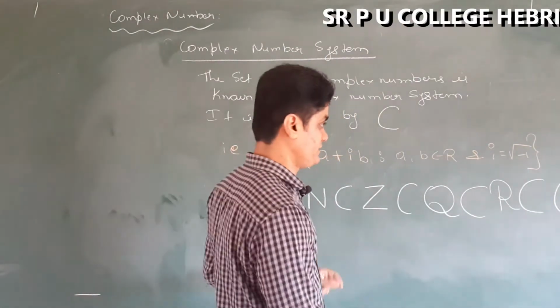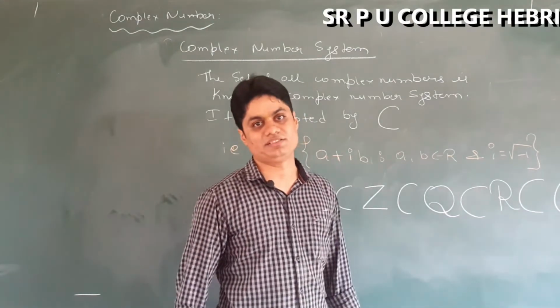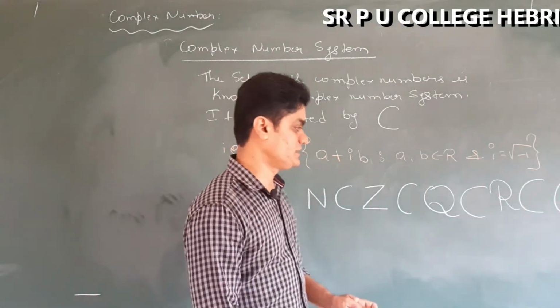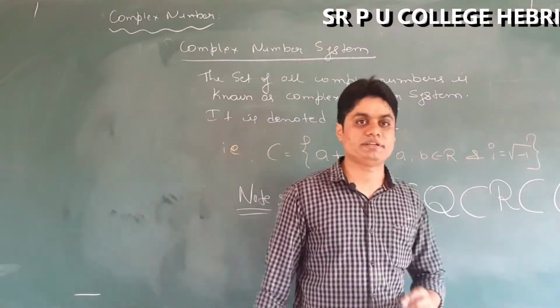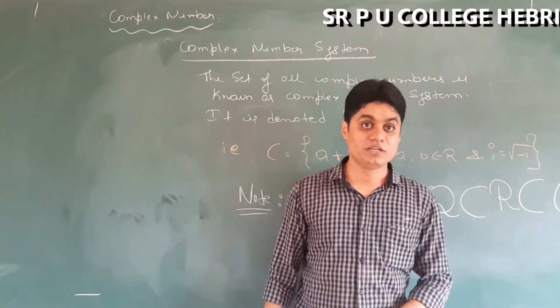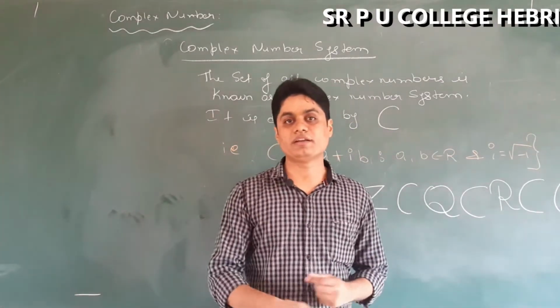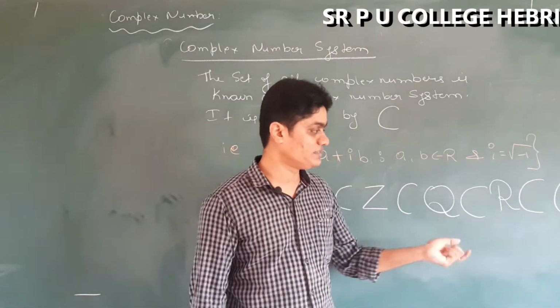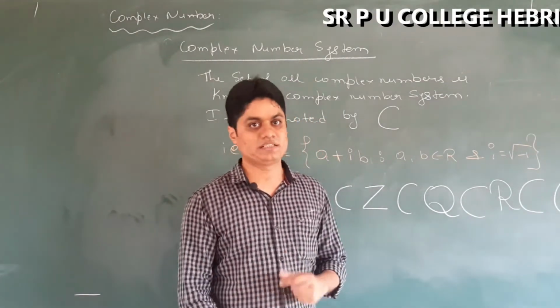So after this, which is the biggest known set for you now? The complex number system. Before the complex number system, the biggest known set was the real number system. Up to now we don't have any other set or system bigger than the complex number system; research is not done.